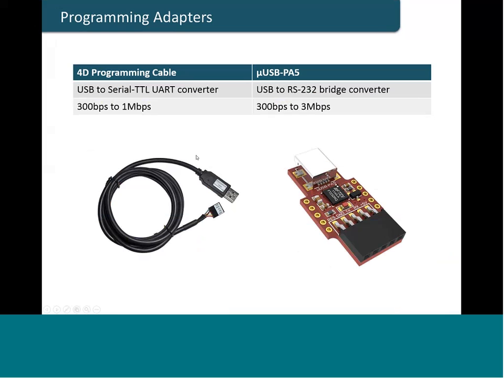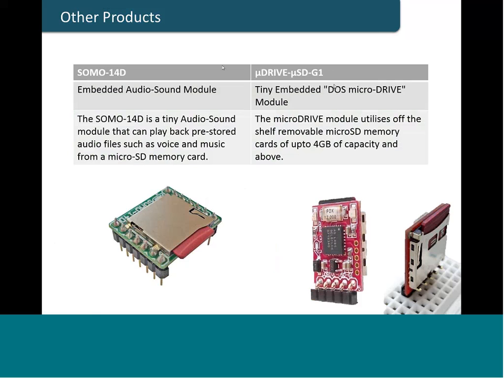And then we have some peripherals. These are development tools that you usually need to program our display modules and connect them to a computer. We have a programming cable and a USB to RS-232 converter, which are used for programming the modules. And then we have a few other peripherals.